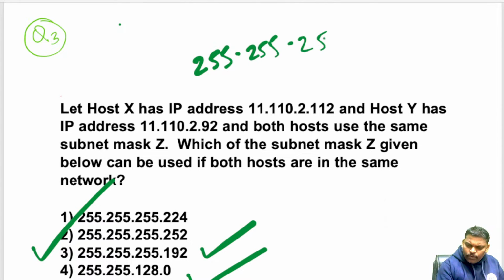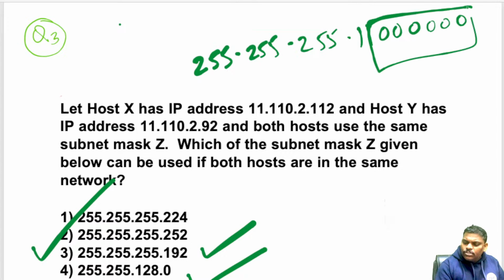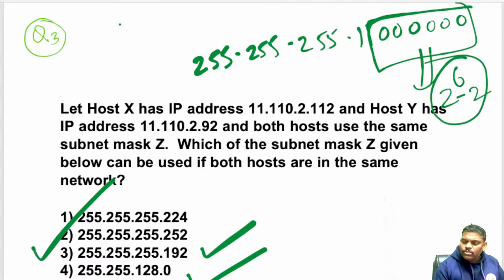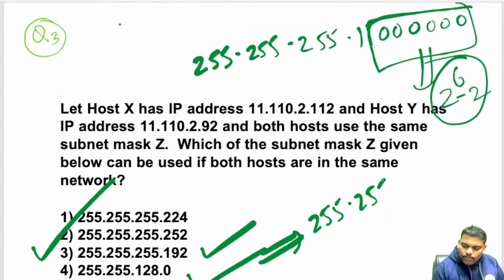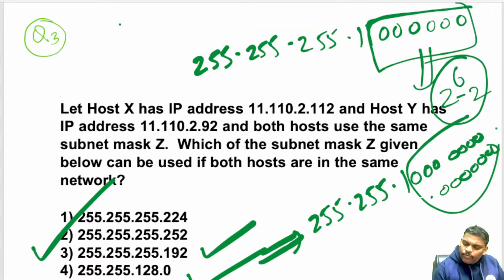255, 255, 255, then double one, double zero, four zeros. Remember, 6 zeros are there, so 2 power 6 hosts are possible, maybe minus 2. But in the fourth option, 255, 255, 128, approximately 15 ones, so 2 power 15 minus 2 hosts are possible.